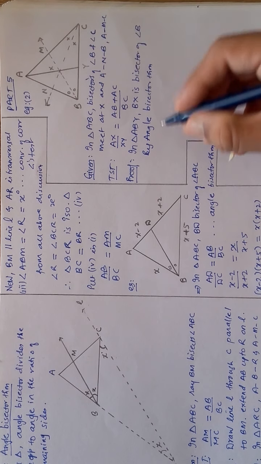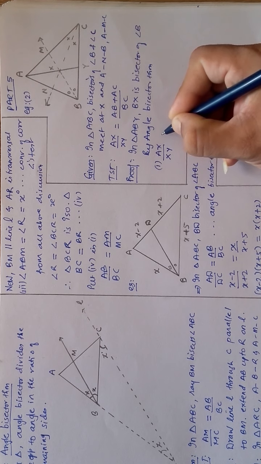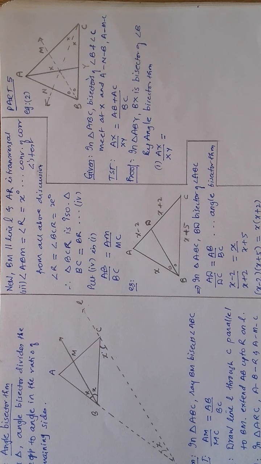So that is AX is to XY is equal to the ratio of the remaining sides.